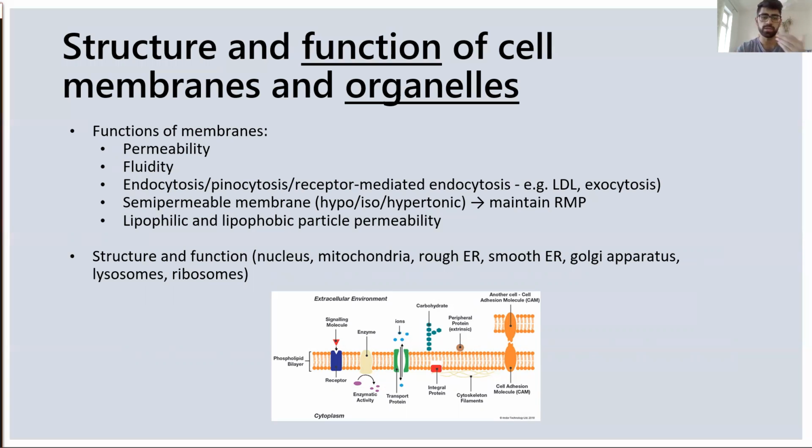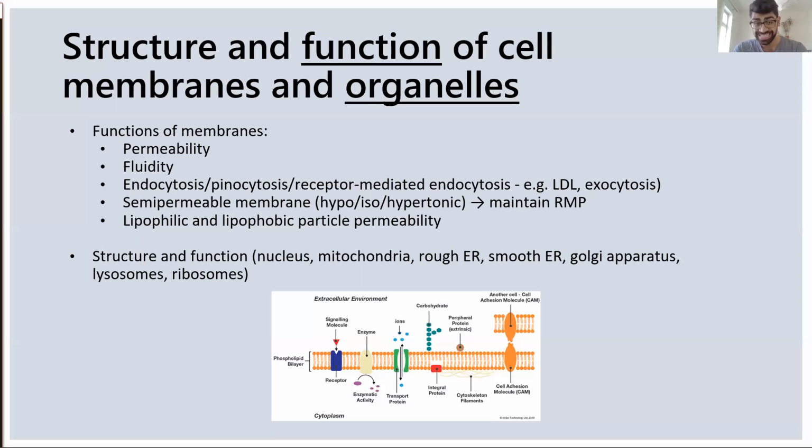The cell membrane is permeable for specific ions at different times, which allows the passage of various ions and substances through. Fluidity, endocytosis, pinocytosis, receptor-mediated endocytosis. Obviously, a semi-permeable membrane is essential for maintaining the resting membrane potential. We will talk about this too in a moment.